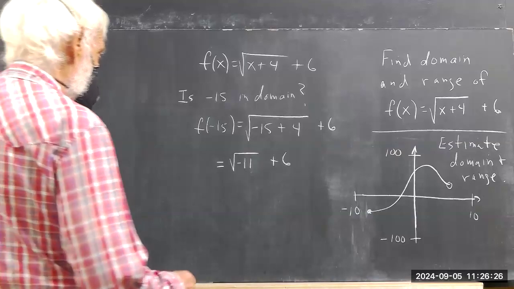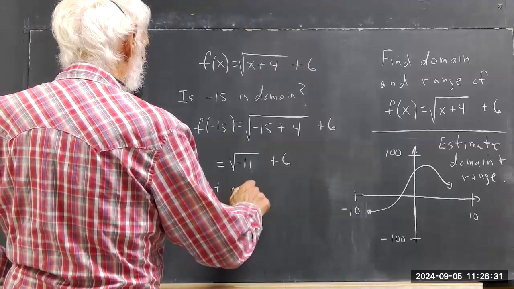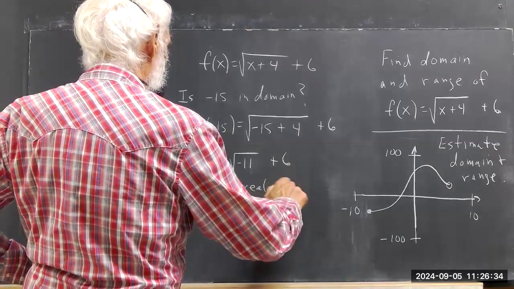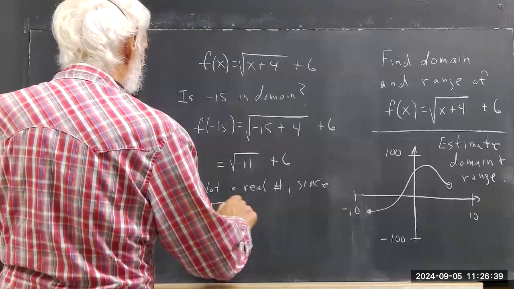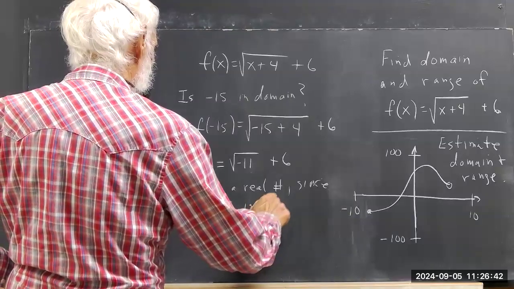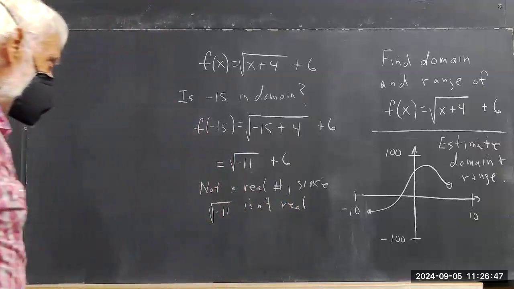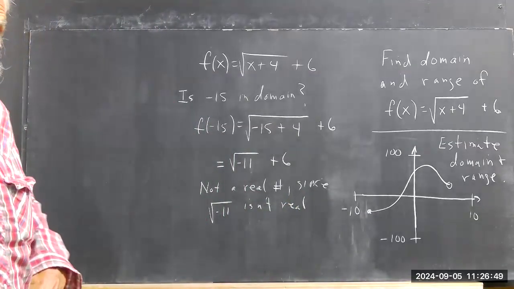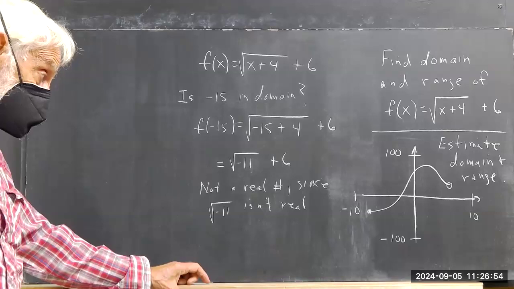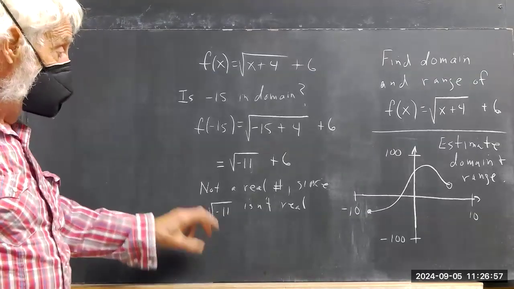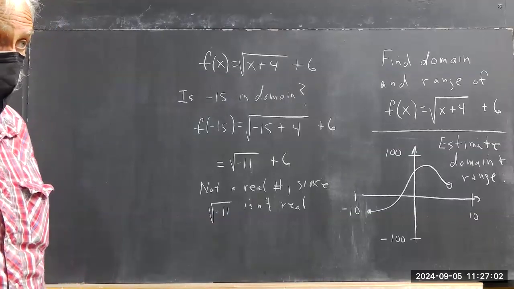So the square root of negative 11 is not a real number, because there's no number you can multiply by itself to give you a negative.